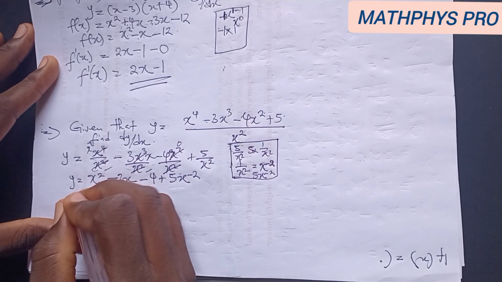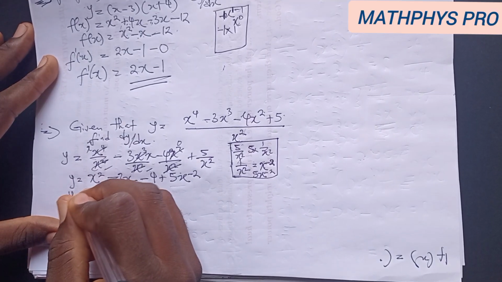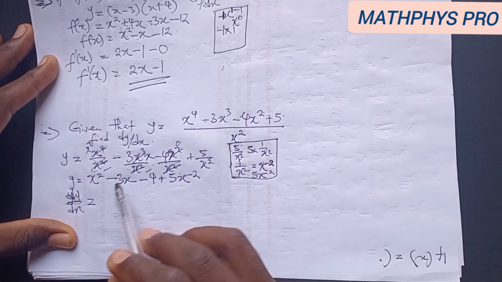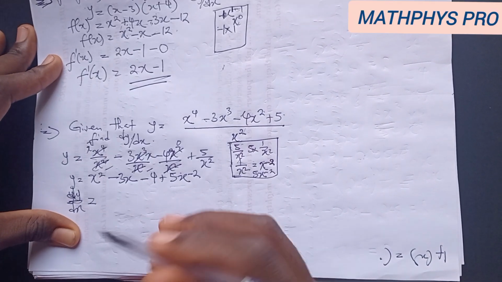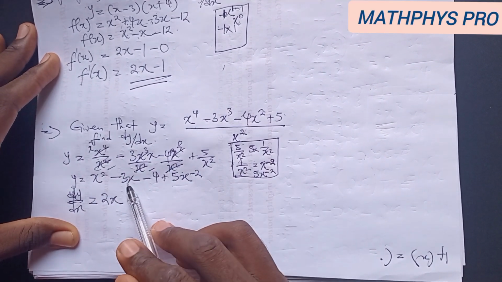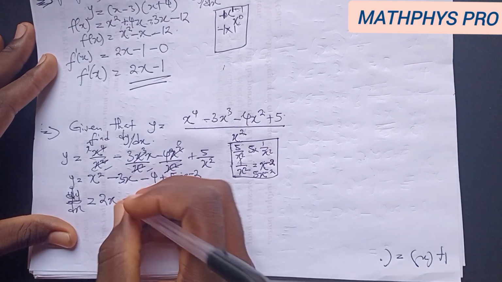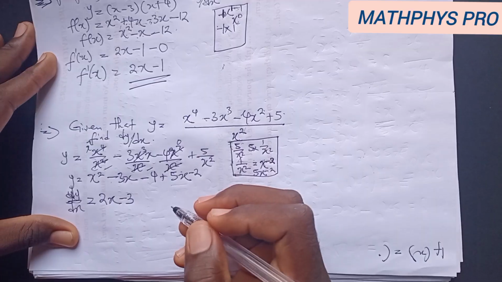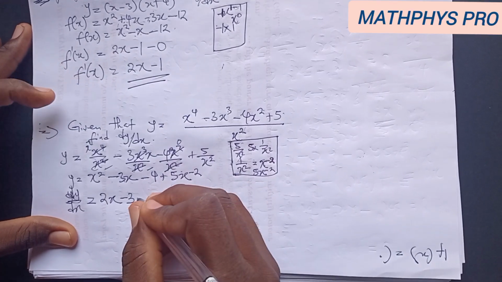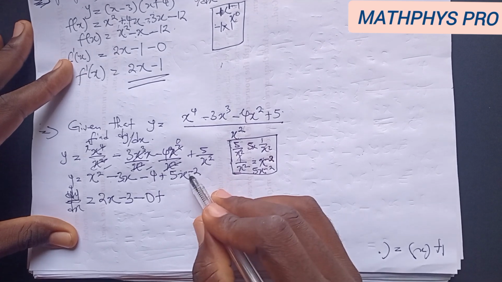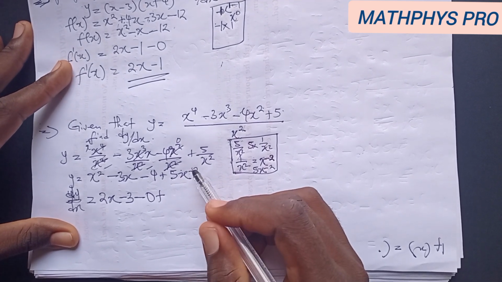Now, if you take the derivative of each term, we can say that dy/dx will be equal to: differentiate x squared, you have 2x. Differentiate minus 3x, you have minus 3. Differentiate 4, a constant, you have 0, minus 0, plus differentiate 5x raised to power minus 2.